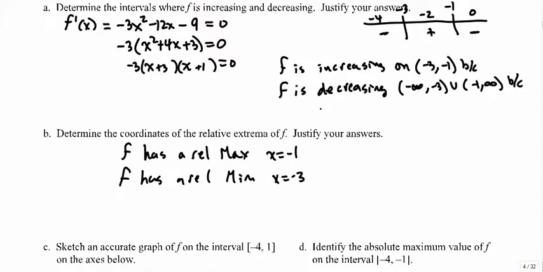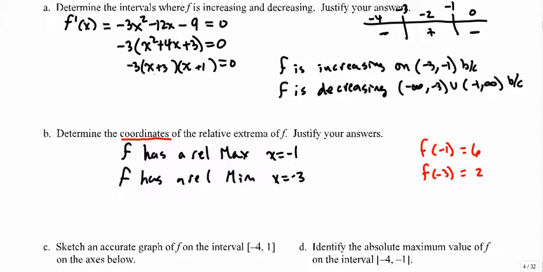Now you have to read the directions because this problem does not ask us to find the x value, it asks us to find the coordinates. So that means I now need to figure out what is f of -1 and what is f of -3 so that I can give my coordinates. And so I'm just going to plug them in, and I get a 6 for -1 and a 2 for -3.